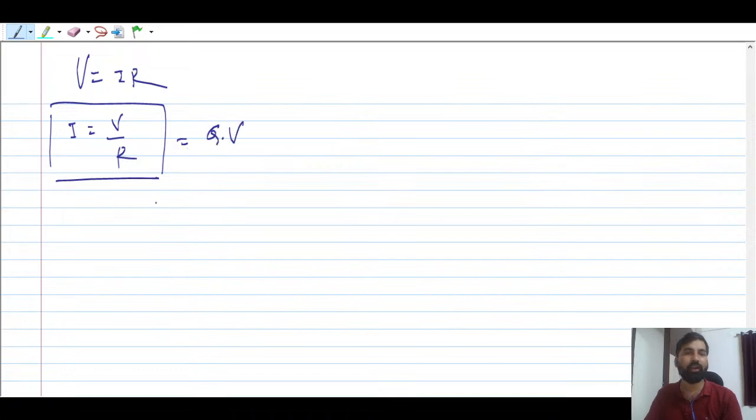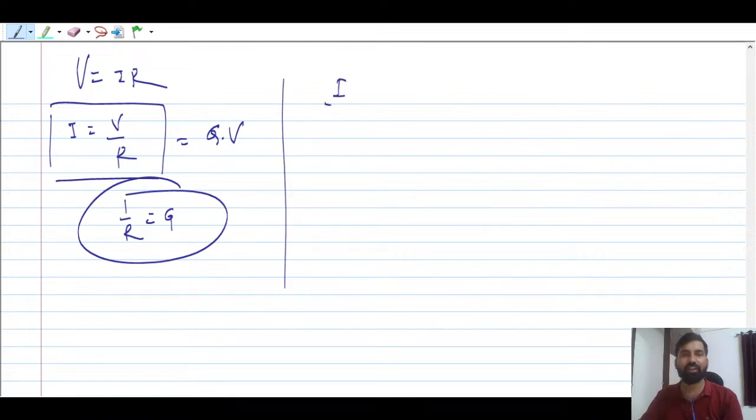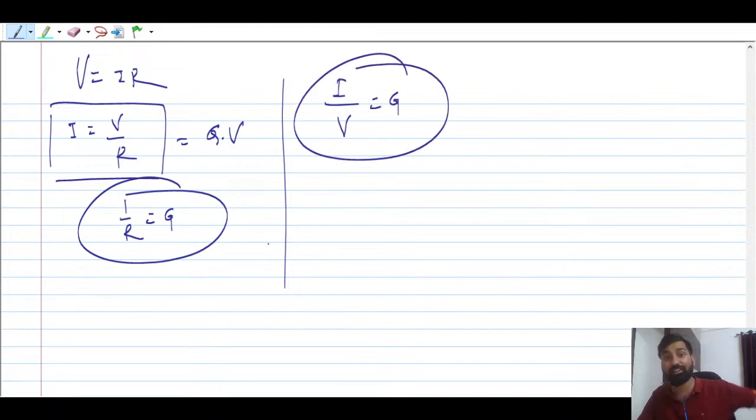You can say 1 by R is nothing but conductance, remember, okay? Or you can say also that I by V is going to be conductance, right? Conductance, okay? But in case of analog circuit, when you talk about amplifiers and all, there we call it transconductance. Transconductance का मतलब क्या होता है?